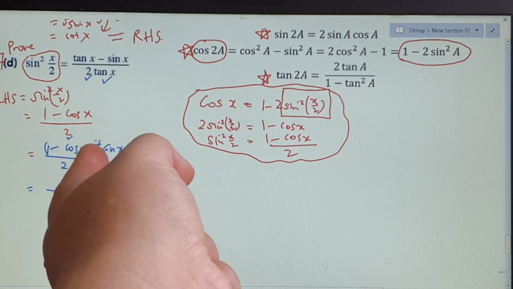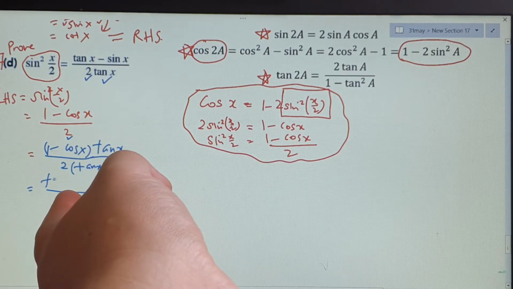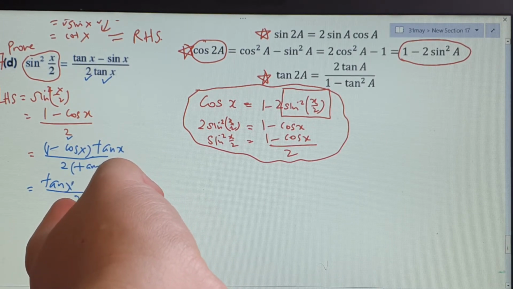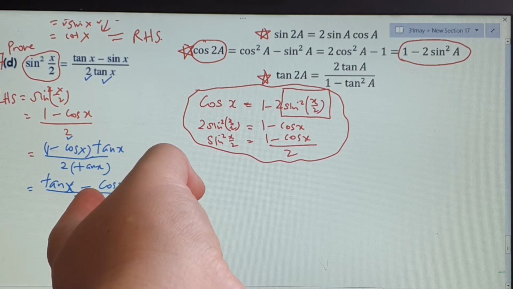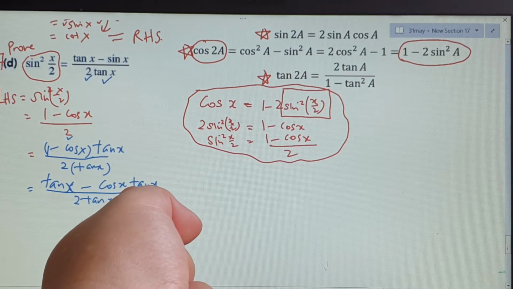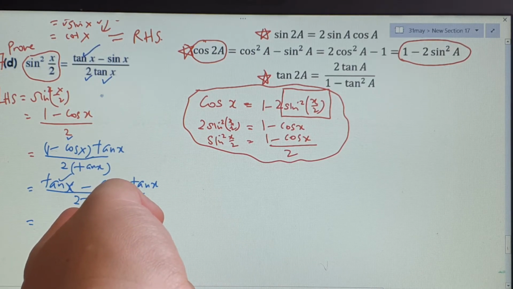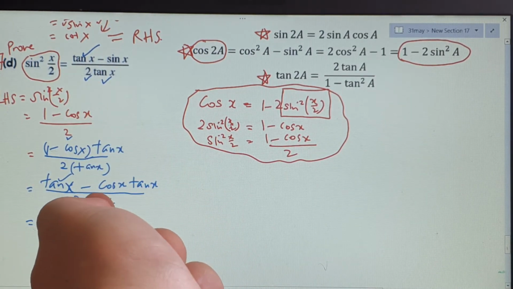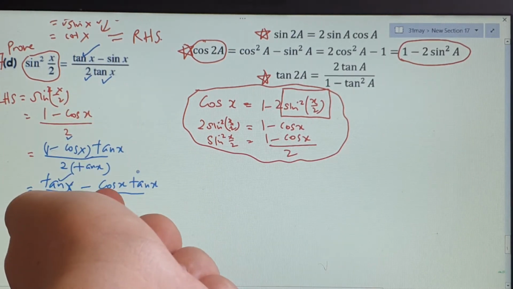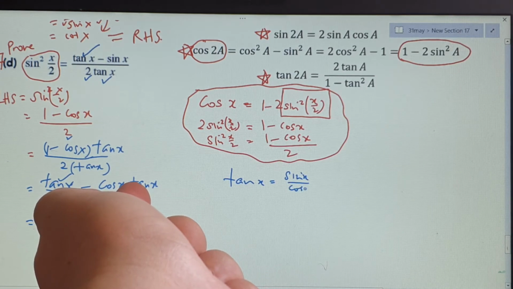Now the numerator, if I just expand it, I'll get tangent x minus cos x tangent x, correct? But tangent x is actually sine over cosine, right? You see, I've gotten this, I've gotten this. Now the only thing is this. Okay, so I need to do something to this in order to make it become sine x, and you know that tangent x is sine over cosine.